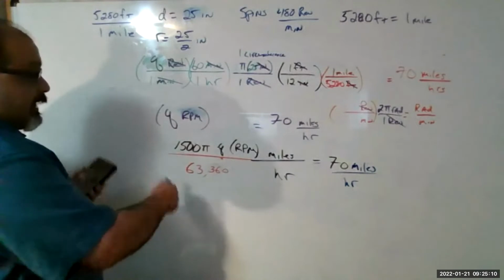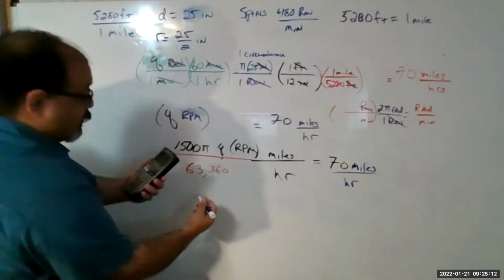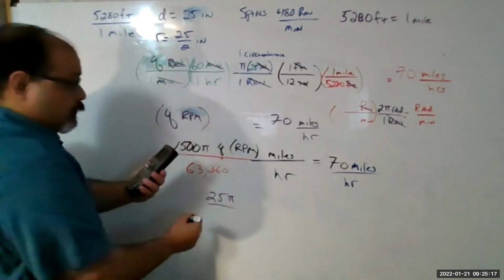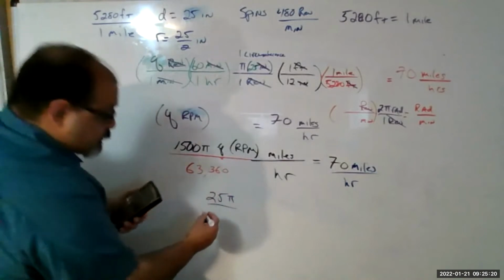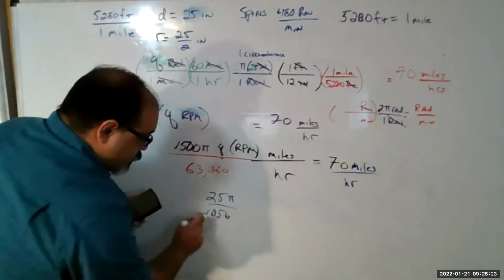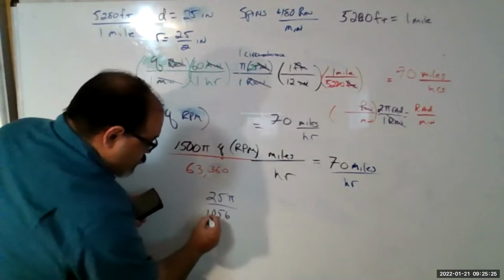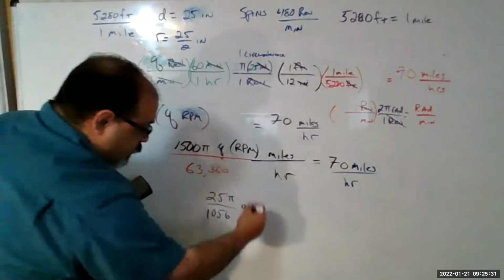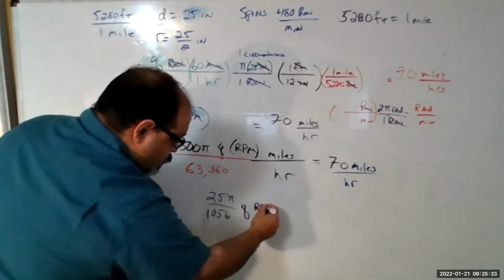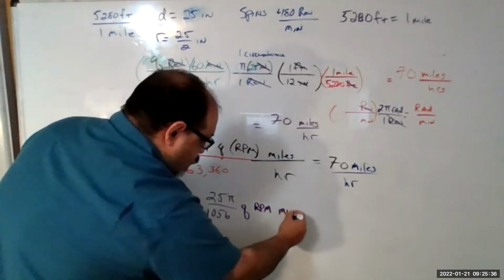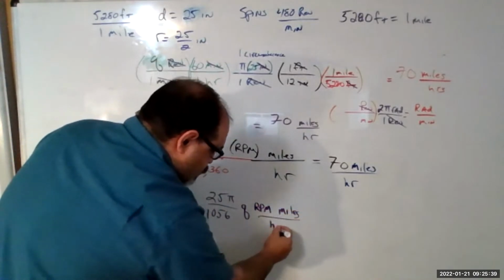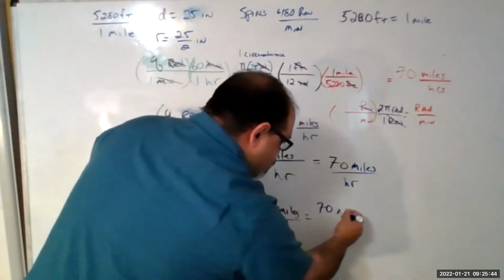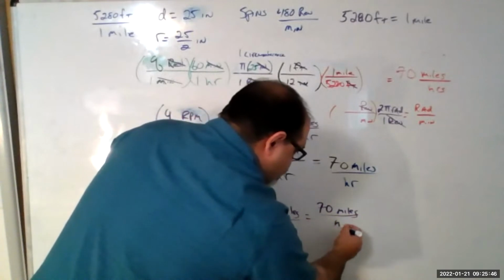When I simplify, I get 25 pi over 1,056 times what I'm looking for, Q, revolutions per minute, and then miles over hours, equal to, on this side, 70 miles over hours.